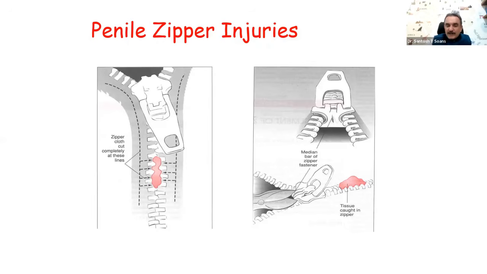But if it does not come out easily, then you can use strong scissors to cut the bar of the zipper fastener so that it opens. Or second, you can cut the whole zipper between the dentition so that it will open up.